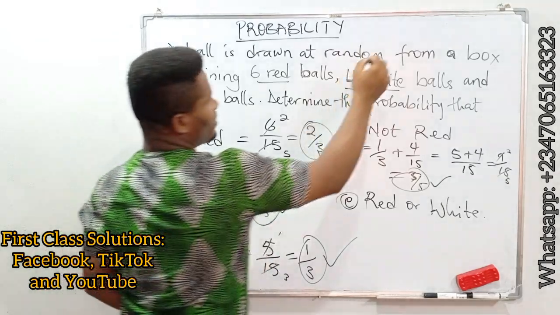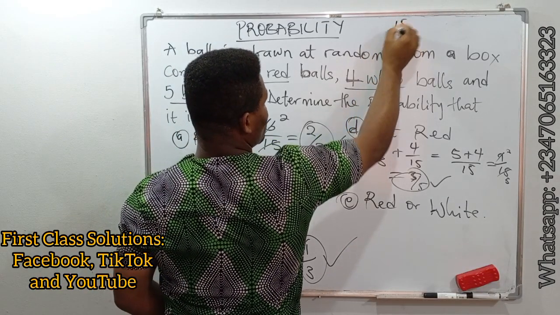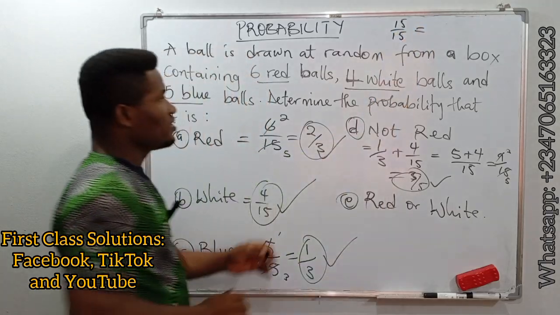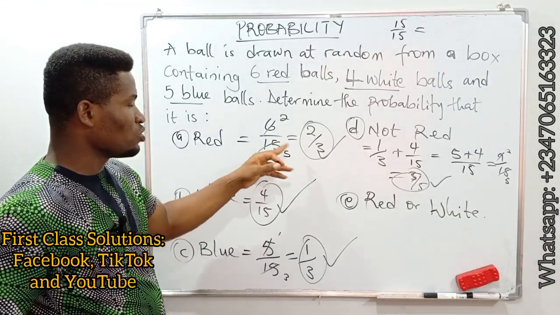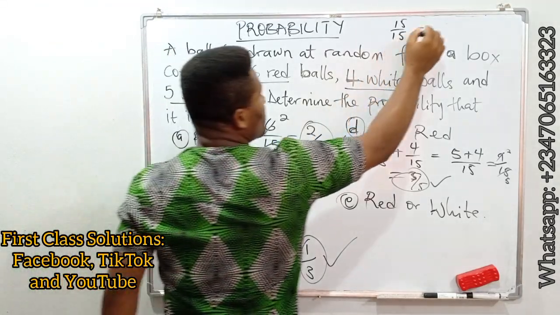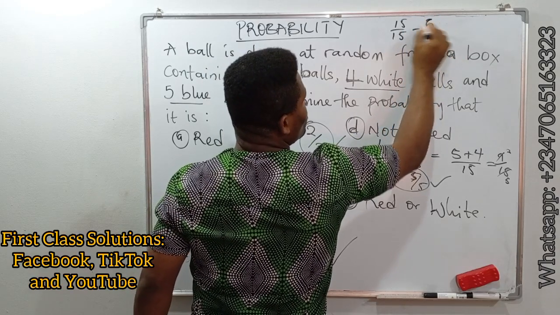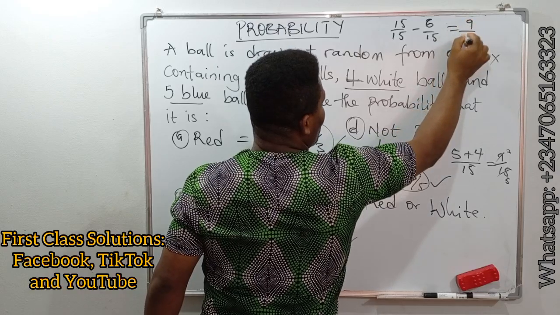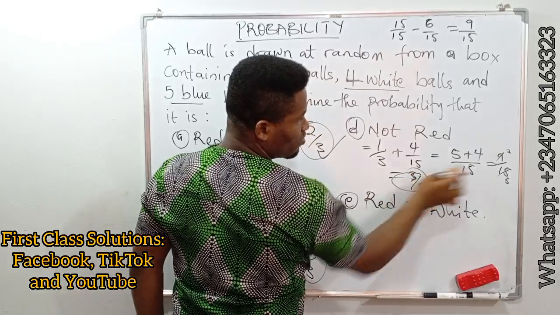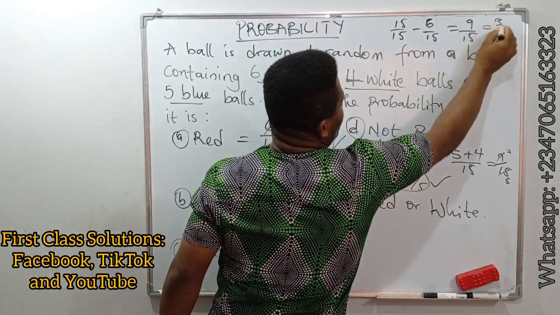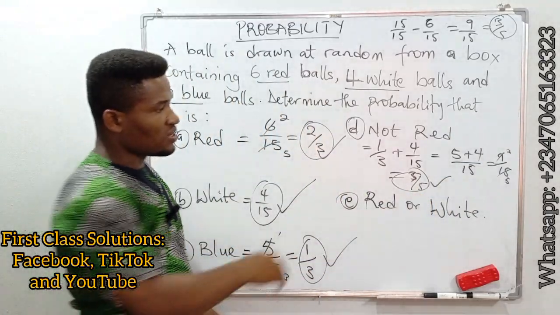If the total probability is 1, that is 15 over 15, then the probability of not red is 15 over 15 minus the probability of red, 6 over 15, which we got at first. 15 minus 6 gives 9 all over 15. If you break it down, 9 over 15 gives you 3 over 5. The same thing we have here. So the probability of not red is 3 over 5.